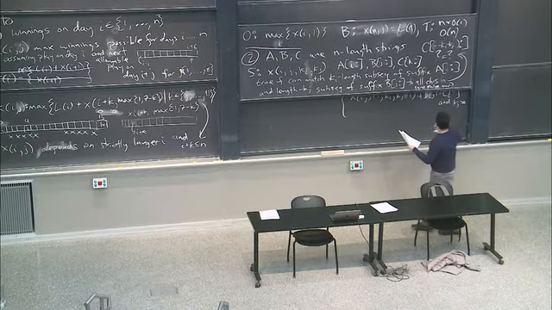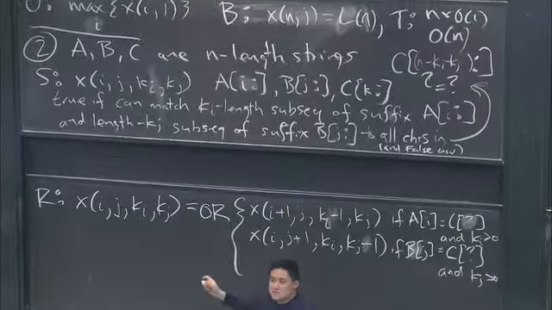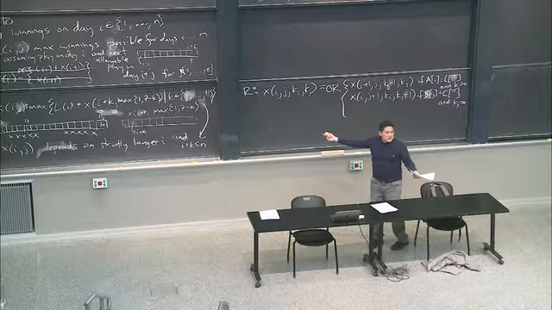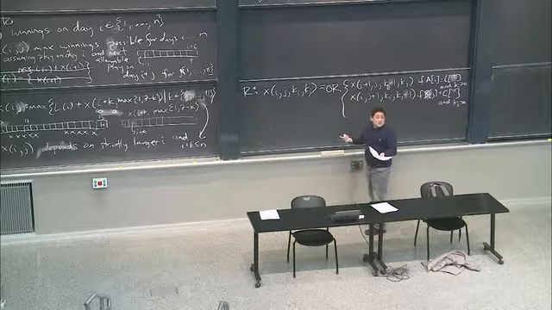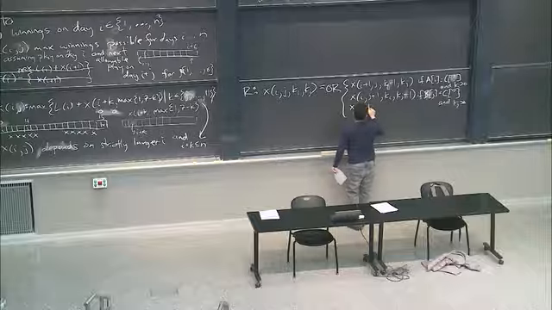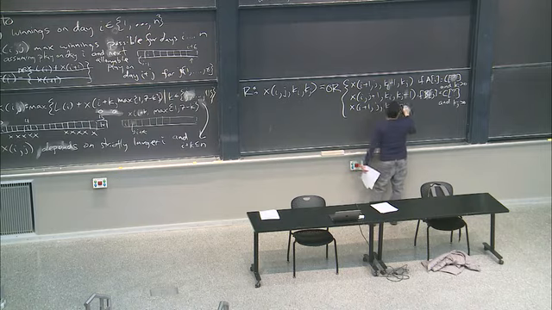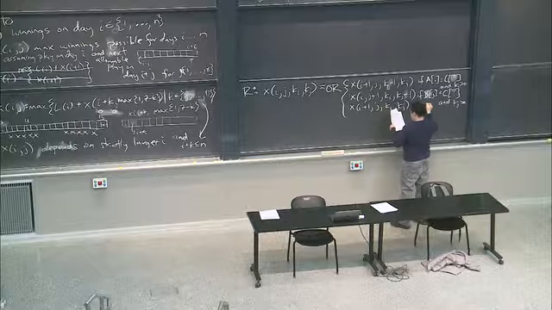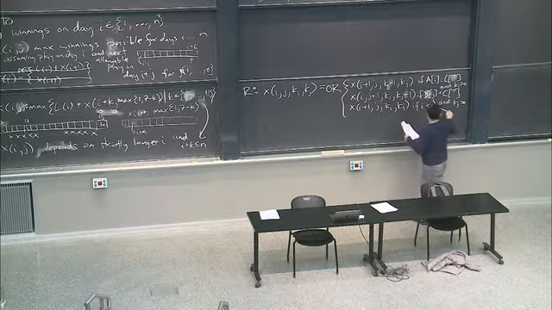Then we have 2 more choices. Either if I didn't match Ai, I may match Bj in the future, so I only want to reduce i. So x, i plus 1, I leave everything else the same, assuming i is less than n, right?